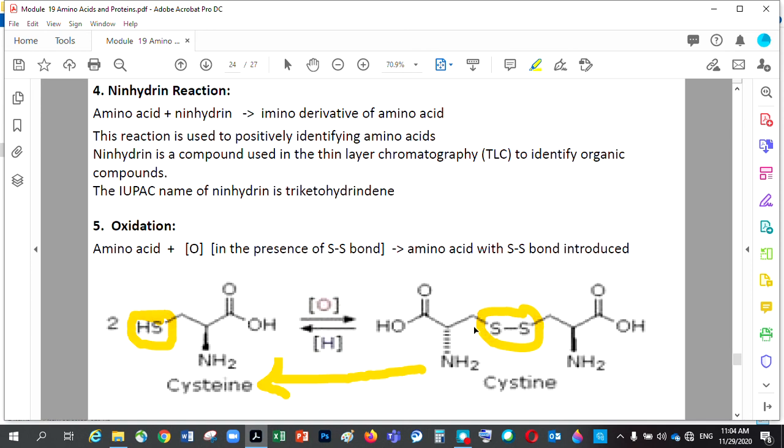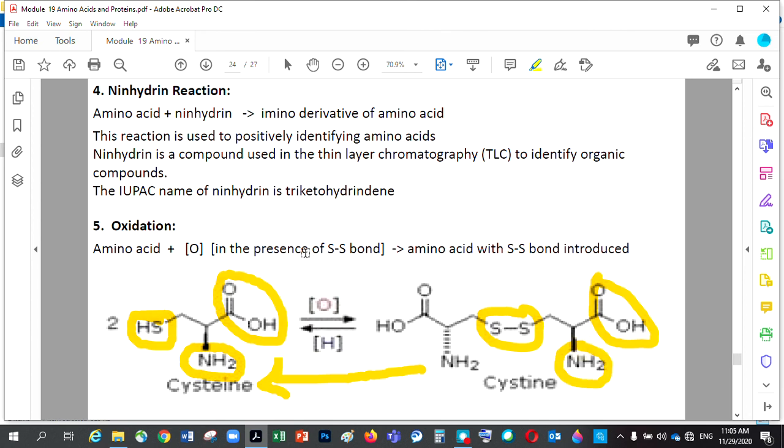So you can go back and forth. If I oxidize thiol, I get disulfide. If I reduce disulfide, I get thiol. And you can see the amino acid is not really affected by the oxidation.